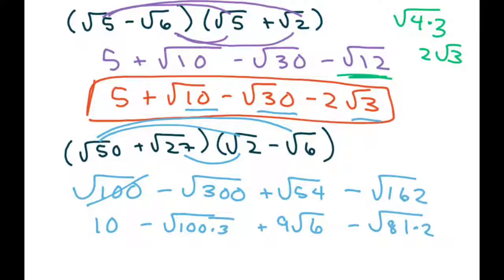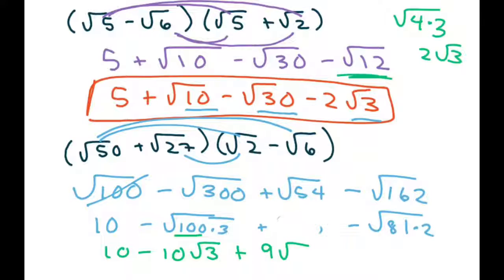So we have 10 minus the square root of 100 is 10, you can pull that out, times the square root of 3. And we already took care of this one. That's 9 square root. Oh, I didn't do that one right. This would be square root of 9 times 6, which is actually 3 square root of 6 minus 9 square root of 2.